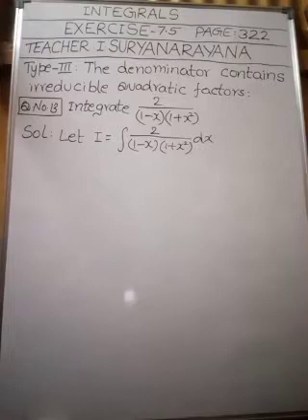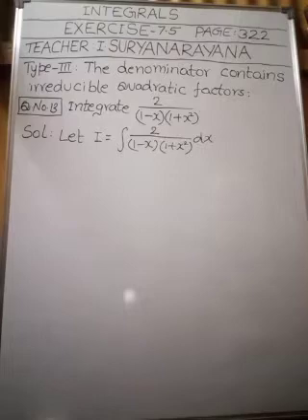In the previous class, we discussed type 1 and type 2 sums in integrating a rational function by using the partial fractions method.